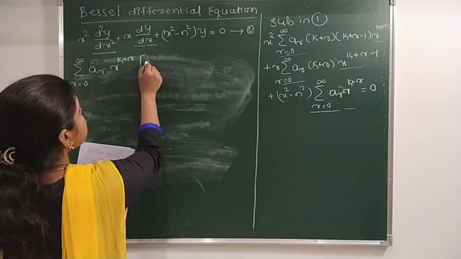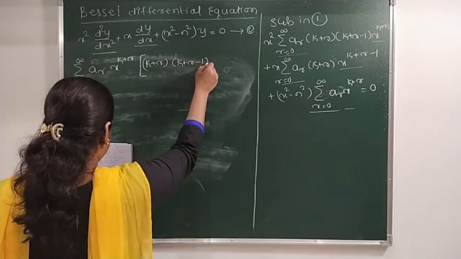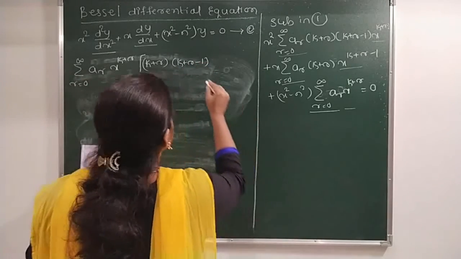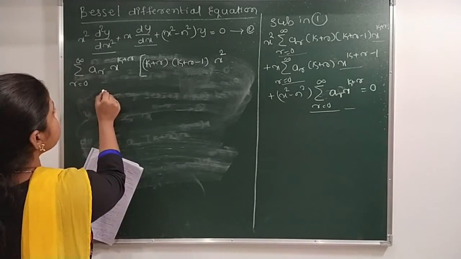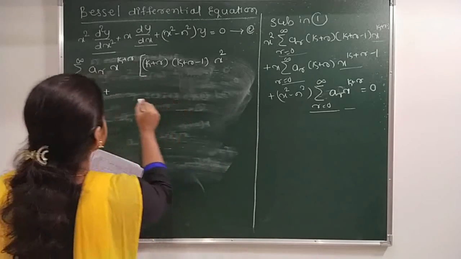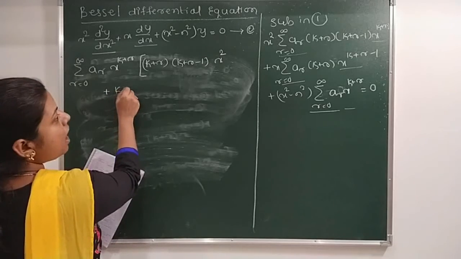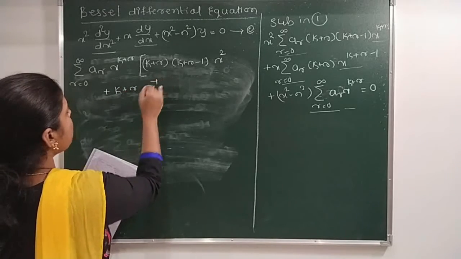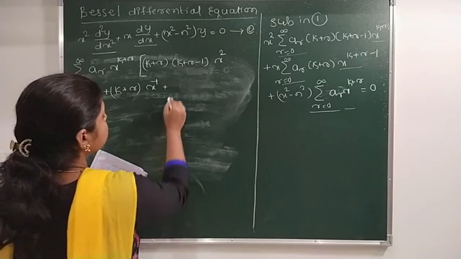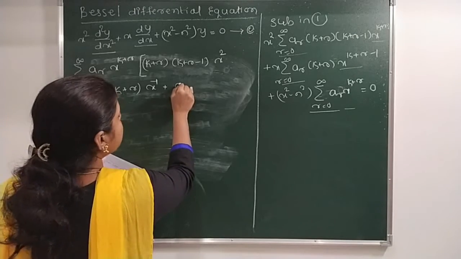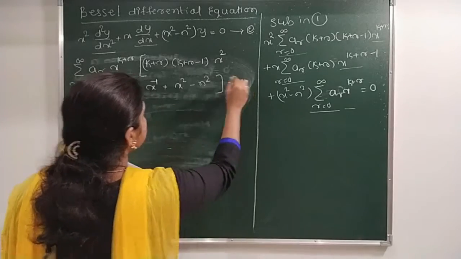Here the remaining terms are k plus r and k plus r minus 1, x square, plus k plus r x raised to minus 1, here plus x square minus n square is equal to 0.